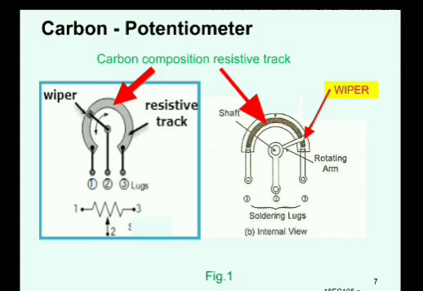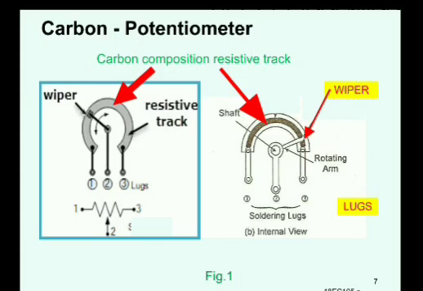That will be attached to the shaft in the middle, and as you rotate the shaft, the wiper position will change. So the contact at which it is making and the end will be the resistance at that current position.